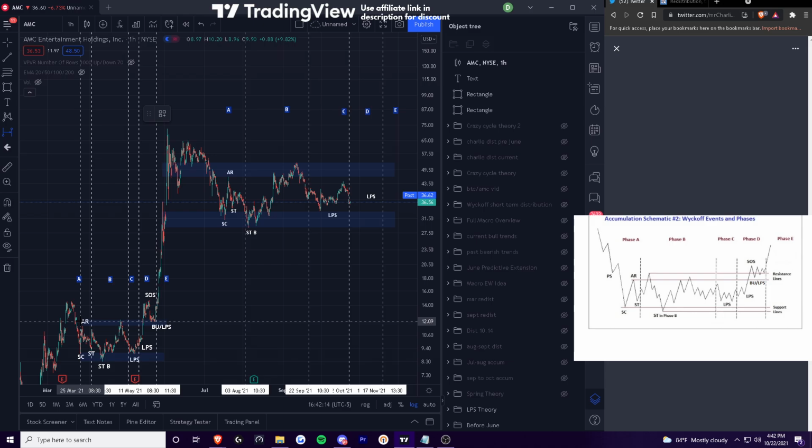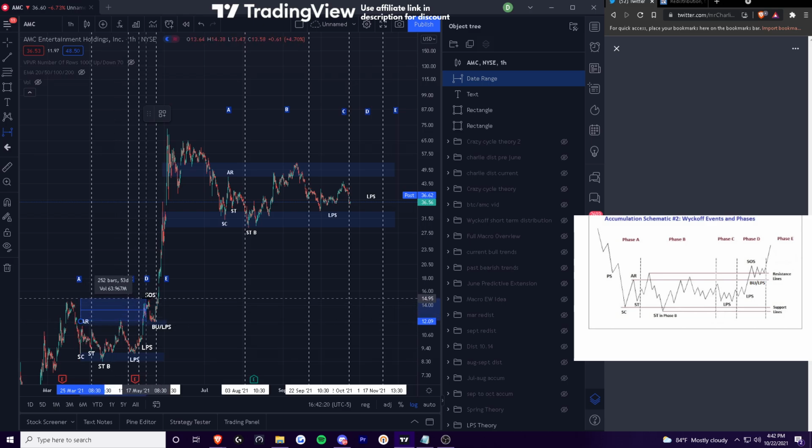But to speak to the methodical nature, how it's been so much slower this time around. If we measure from the beginning of phase A to the end of phase C, the first time around in this accumulation, if this is an accumulation schematic, from March until the beginning of May, it took 47 days to do that.